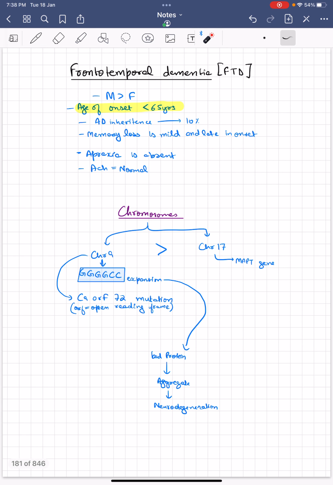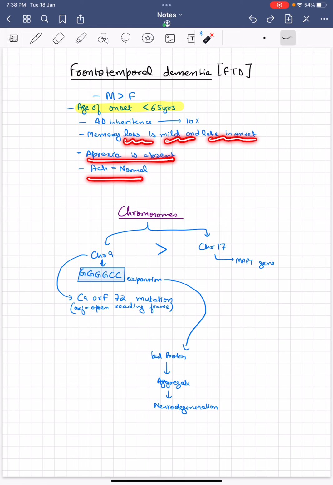Okay, the next neurodegenerative disorder is frontotemporal dementia, which is more seen in males than females. The age of onset is less than 65 years. Autosomal dominant inheritance, which is about 10%. Memory loss is mild and late in onset.